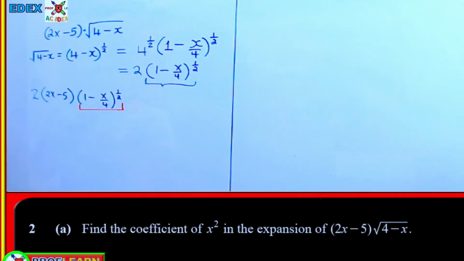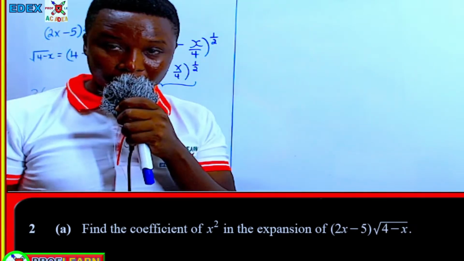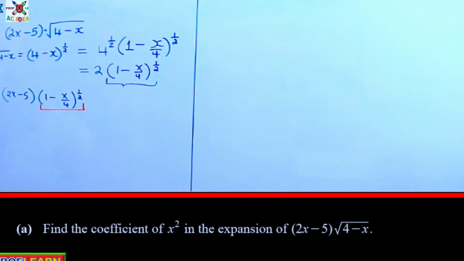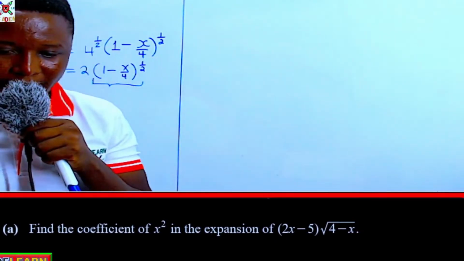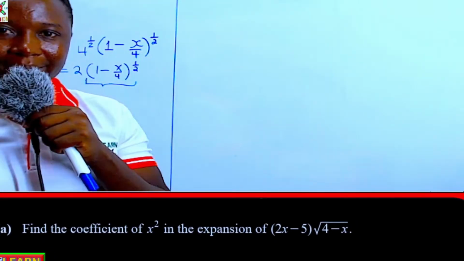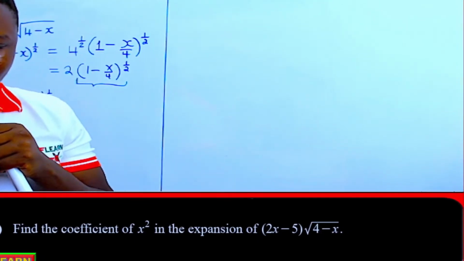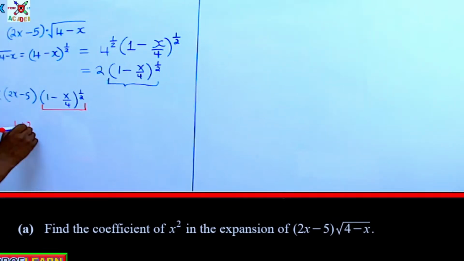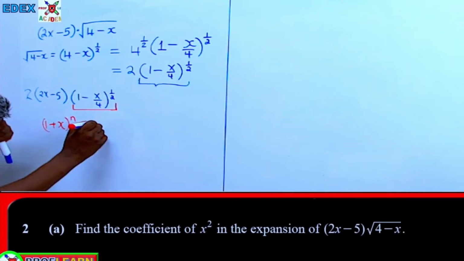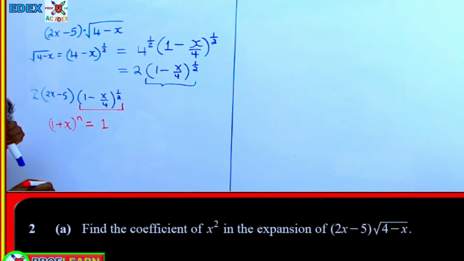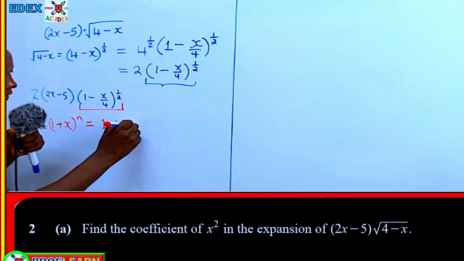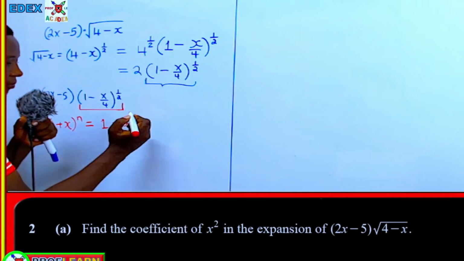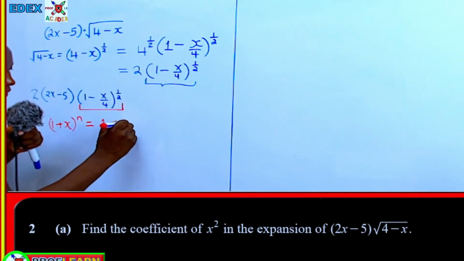We are going to start by first looking at how binomial expansion occurs. According to the binomial theorem, if you are having 1 plus x raised to power n, where n is a rational number, then the expansion becomes: we shall start with 1, then the next term will be nx.